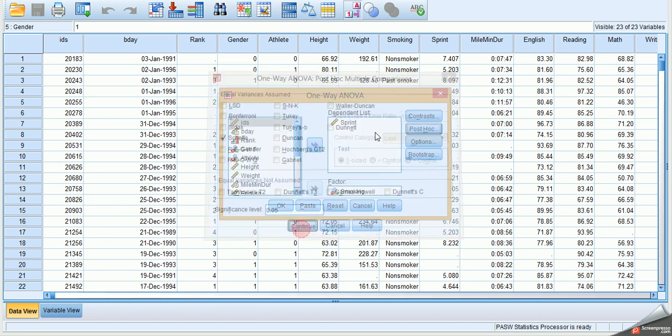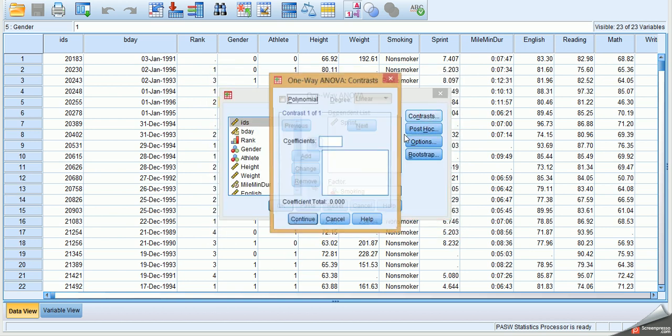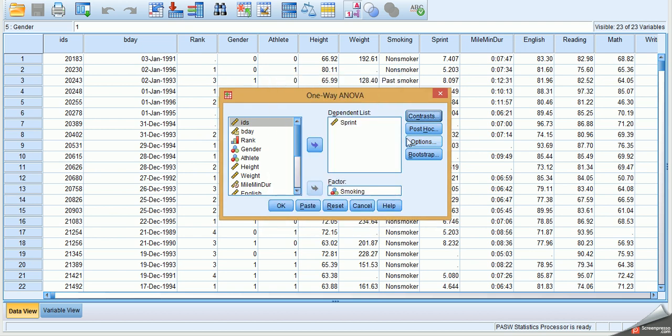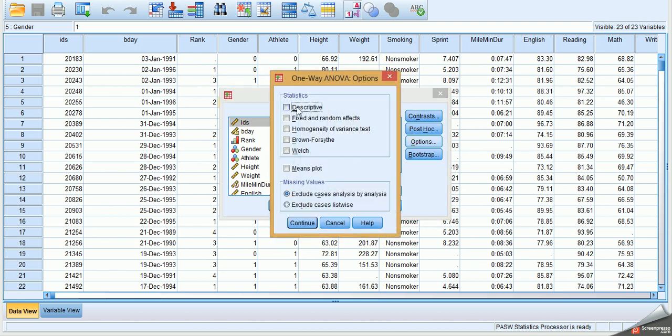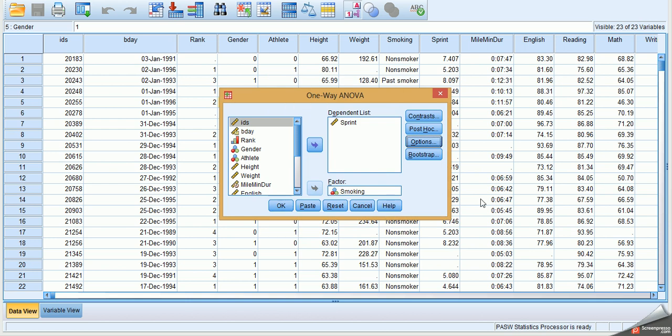We check this one. Also we can add the descriptives and the homogeneity of variance test. This we can check if the variance is equal or not among the groups. This test can give us that, and we can also draw the means plot.